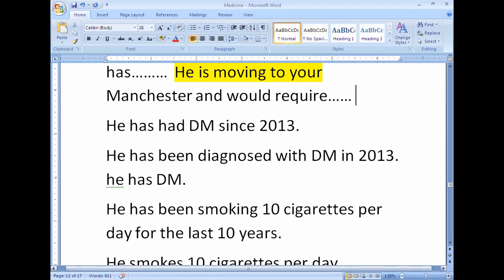Quickly, okay. Dr. Khalil, what do you think about this? Regarding this point, I think he had the M, I think simple past, we can use it.